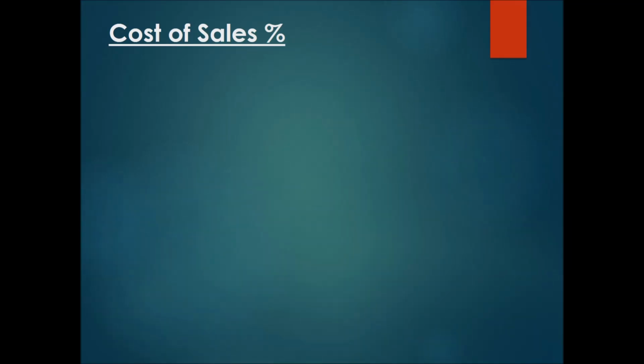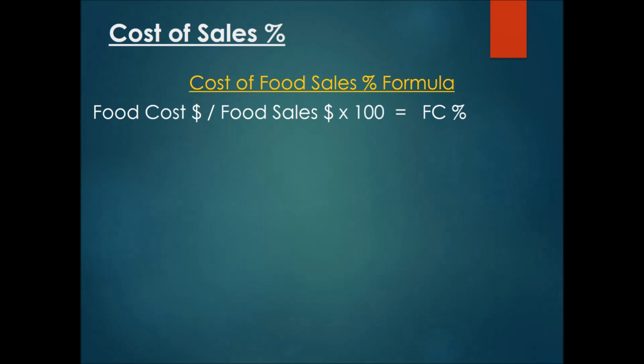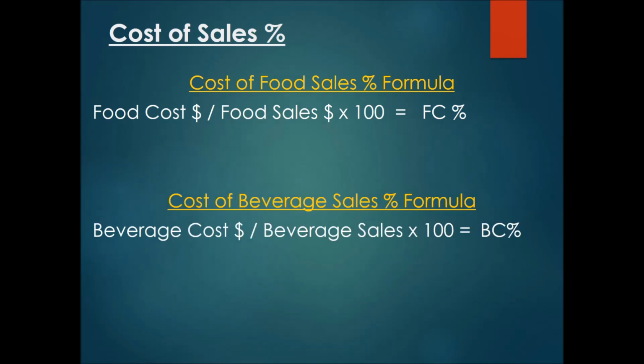For example, here are the food cost and beverage cost formulas. Cost of food sales is food cost dollars divided by food sales dollars, multiplied by 100. And cost of beverage is the same thing: beverage cost dollars divided by beverage sales dollars times 100 gives us our beverage cost.